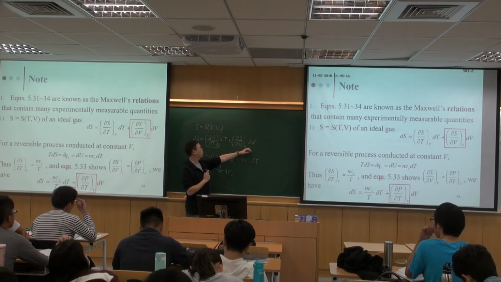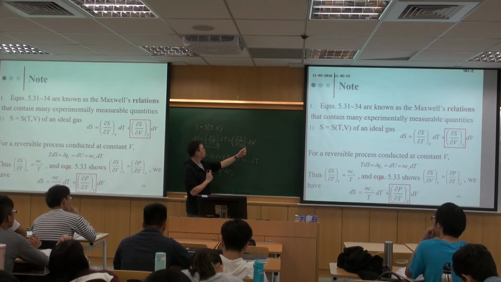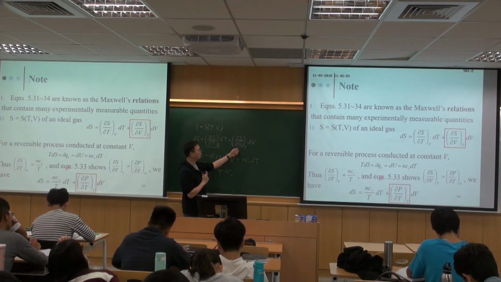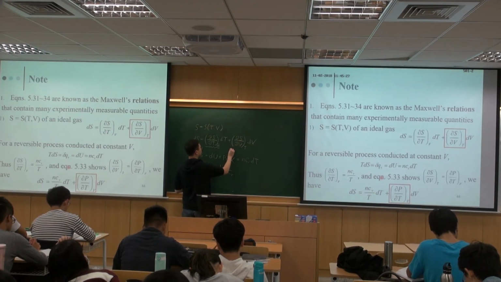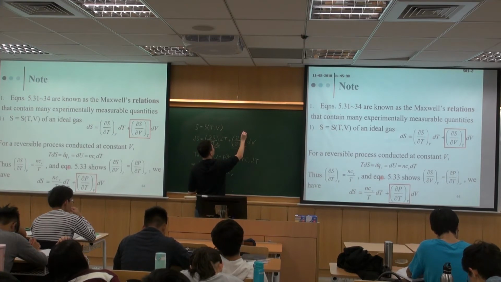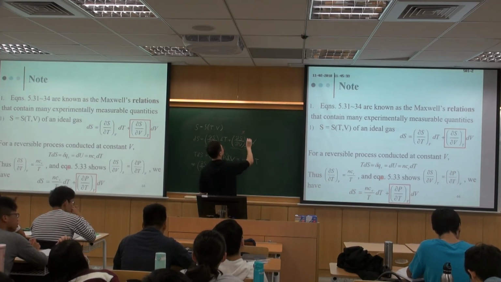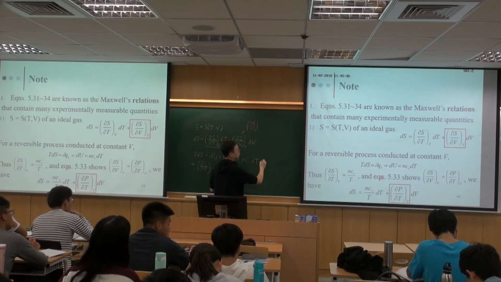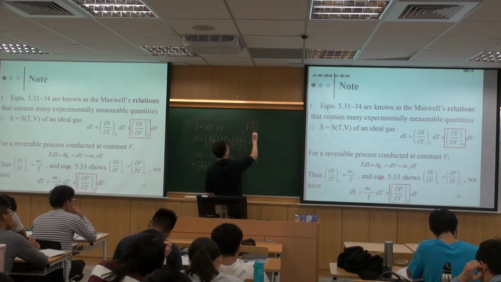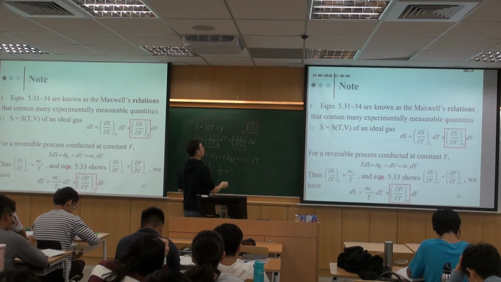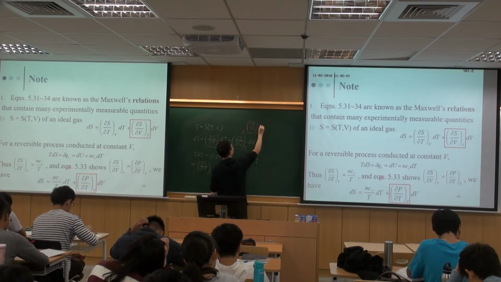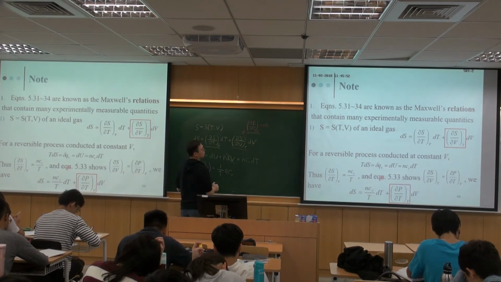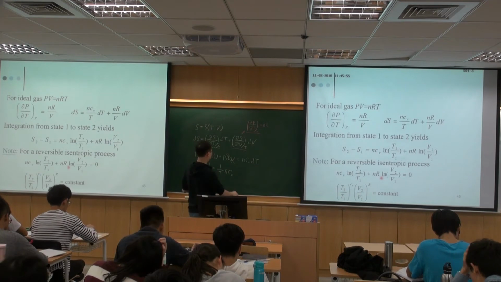And the second part is related to the change of volume, but we don't know the expression for partial S partial V. I mean, we don't know how to do that. And so from the Maxwell's relations, we replace this with partial P partial T. And in fact, if you do that, this is much easier to calculate because we know from the ideal gas law, this is simply nR over V. Sorry, there's a V over here.